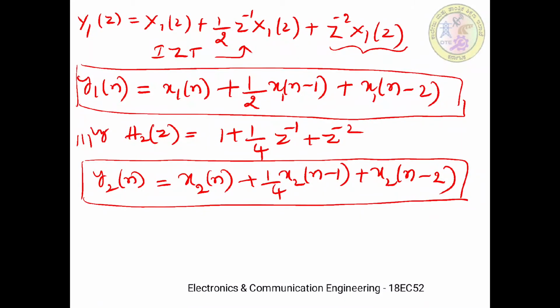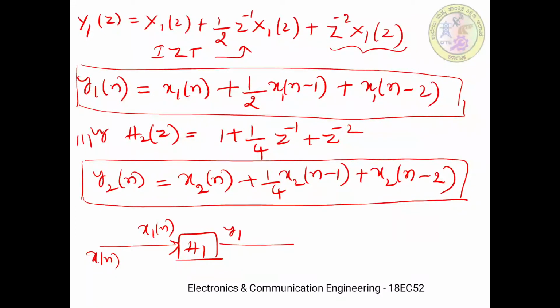Okay. Why is it x2? Because previously we had written one block diagram: whatever our input is, first x of n, when it is passing through the H1 section, we consider it as x1 of n, and the output from the first stage we consider as y1 of n.